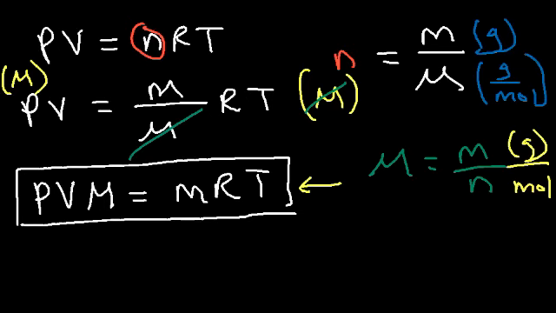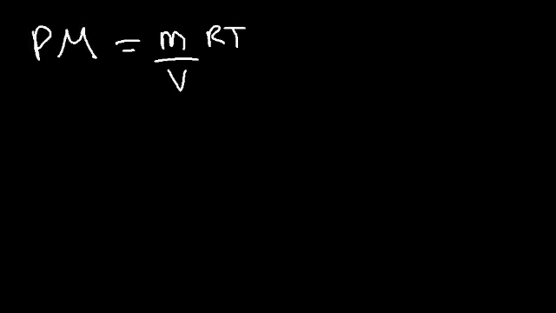So now from this equation, we're going to divide both sides by V. If we divide by the volume on the left side, the volume cancels. So what we now have is pressure times molar mass is equal to mRT over V. Keep in mind, we said that density is equal to mass divided by volume.